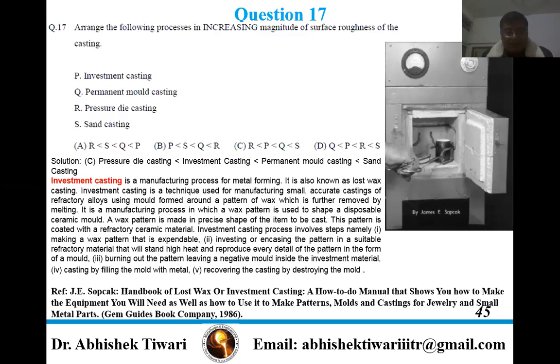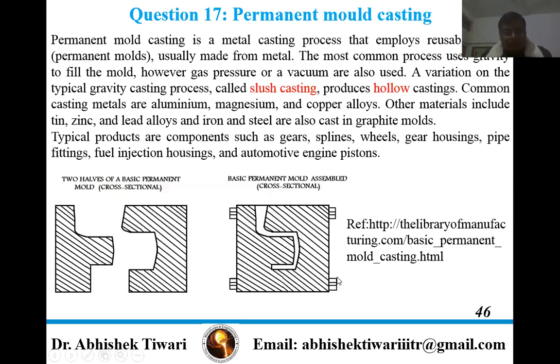The investment casting process involves steps, namely making a wax pattern that is expendable, investing or encasing the pattern in a suitable refractory material that will stand high heat and reproduce every detail of pattern in the form of mold, and burning out the pattern, leaving a negative mold inside the investment material, and casting by filling the mold with the metal and recovering the casting by destroying the mold.